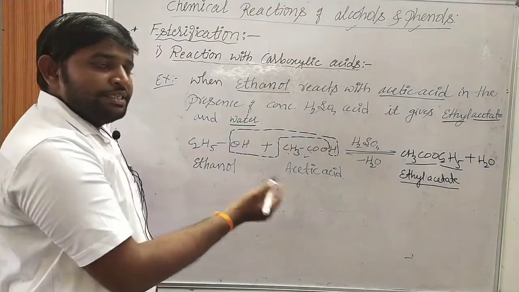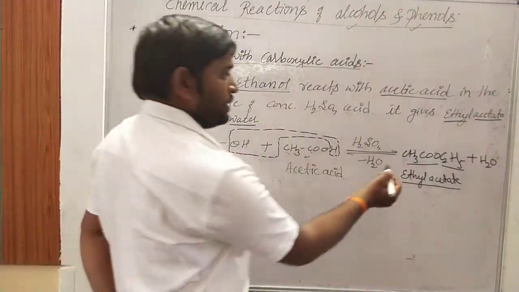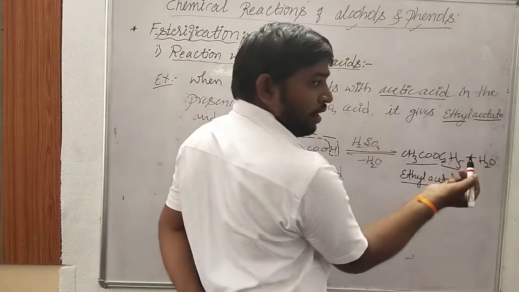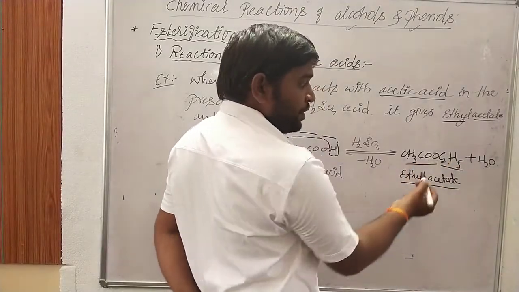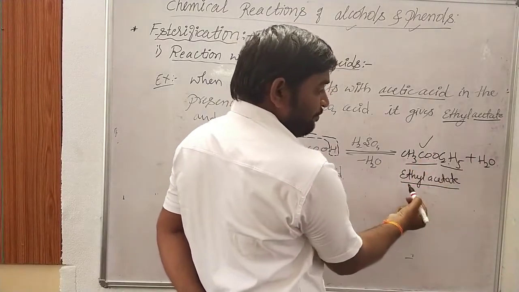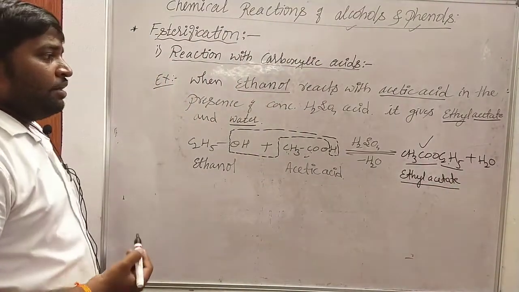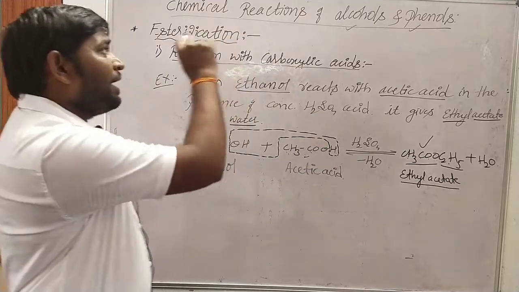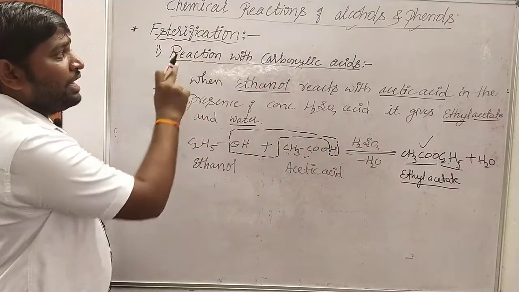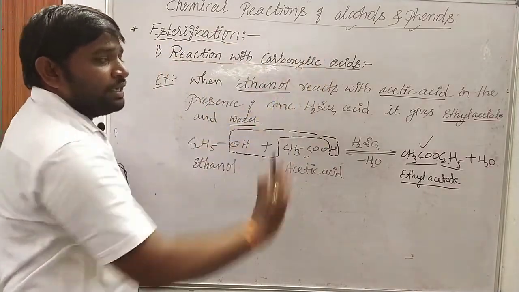Ethyl acetate is called an ester. Already I told you, RCOOR, where R is any alkyl group, is called an ester. The name of the ester is ethyl acetate. So this is the method of preparation of esters by the esterification process, by reaction with carboxylic acids.